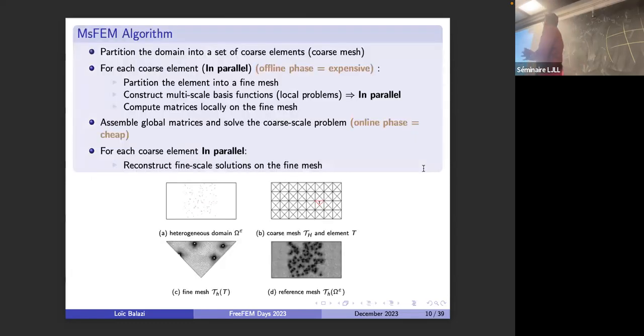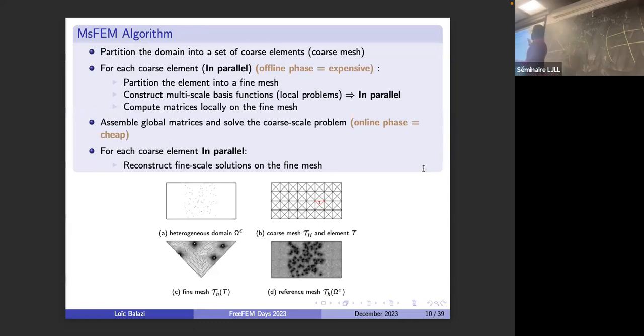And the multi-scale algorithm is like this. We begin with a perforated domain like this, and we partition this domain into a set of coarse elements that we call the coarse mesh. Now for each coarse element, we can work in parallel because each coarse element is independent from the others. We partition the element into a fine mesh and we construct the multi-scale basis functions.